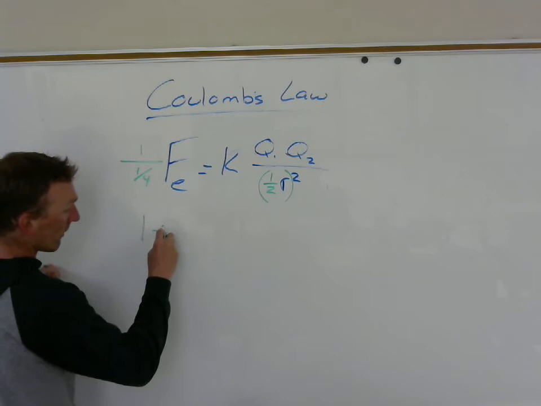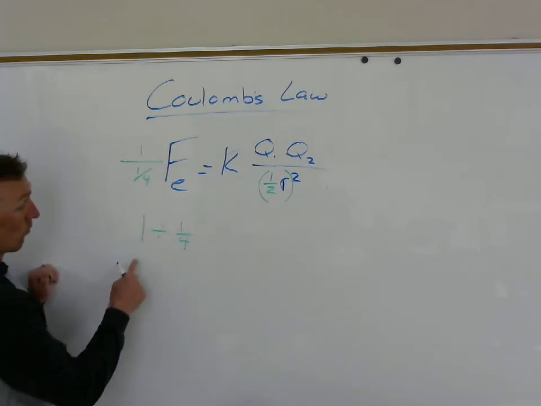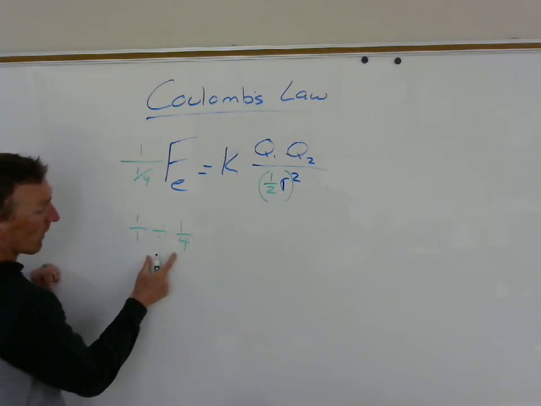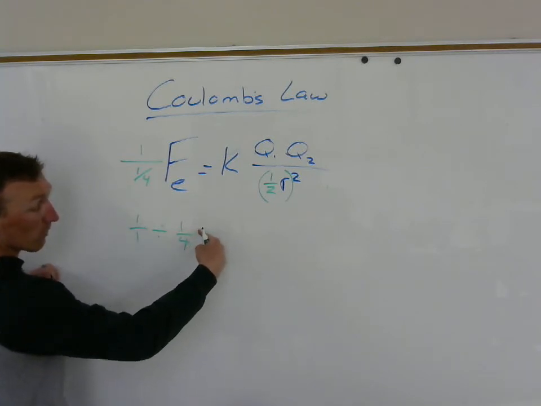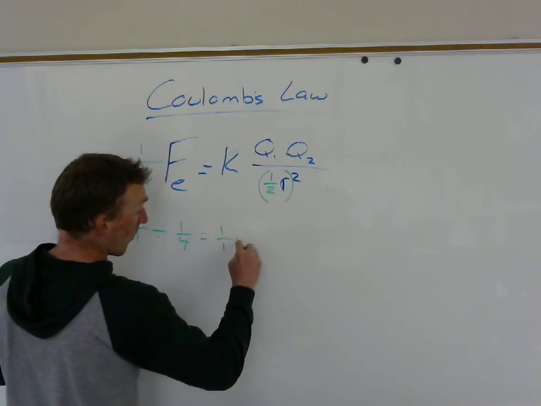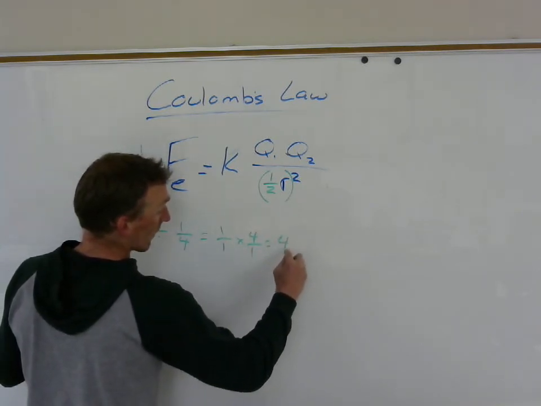If we have 1 divided by 1/4, 1 is the same as 1 over 1. How do we divide 2 fractions? We take the reciprocal and multiply. So this is equivalent to 1 over 1 times 4 over 1.